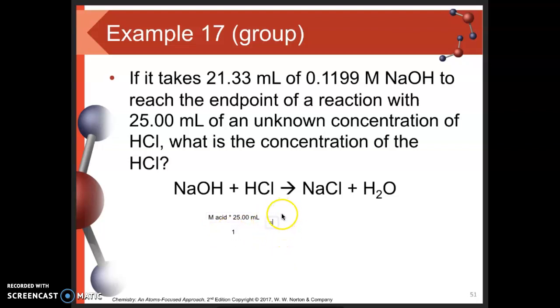And on the flip side, I have 0.1199 molar sodium hydroxide and 21.33 milliliters of that sodium hydroxide. And my coefficient here also is 1. So spitting out my algebra here, I know I need to divide each side by 25 milliliters.